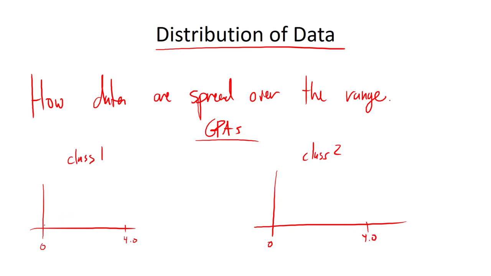Well, let's say that this class looks like that, and let's say that this class looks like that. Okay. Well, which class would you rather be in? Say they're like 2 sections of the same class. Which one do you think? Class 1 or class 2?